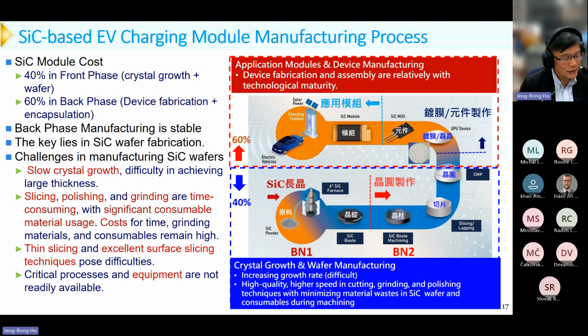Another challenge is making very thin wafers; thin slicing and excellent surface slicing techniques are still very difficult to achieve. Besides, equipment is also not readily available. So it's still a very open area in silicon carbide wafer manufacturing.